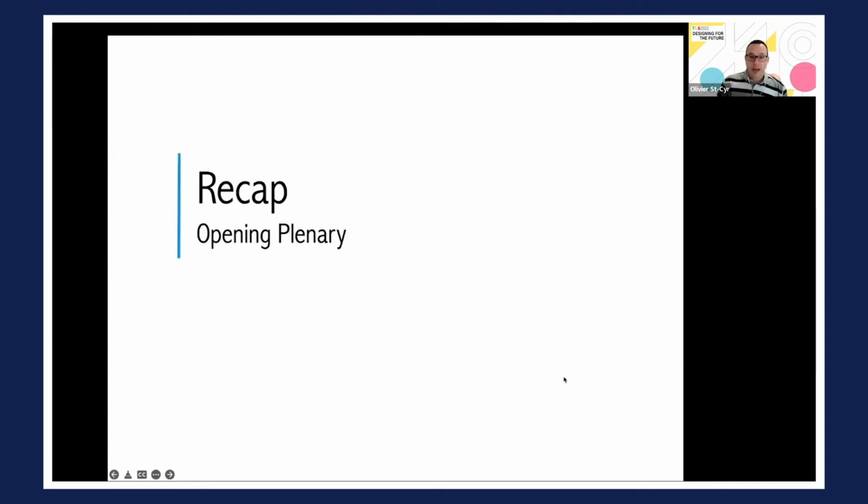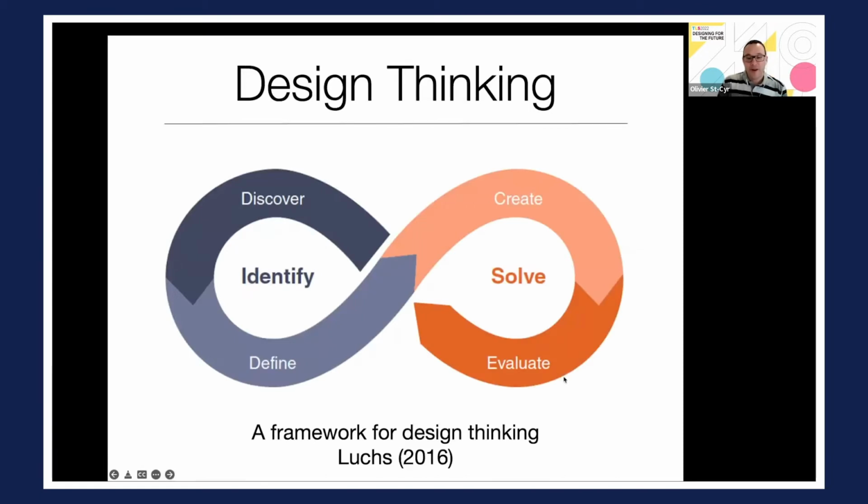So a quick recap about design thinking. Design thinking is a problem-solving process or a set of methods that allow you to solve problems creatively, and it's typically broken down into four phases. But I don't want it to be too prescriptive because it can be adapted to all kinds of different situations and domains. You have to start by discovering and understanding the space that you're playing with, that you want to solve a problem for.